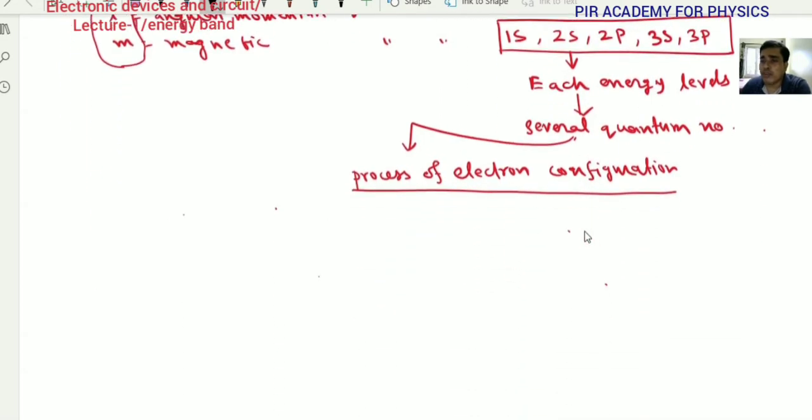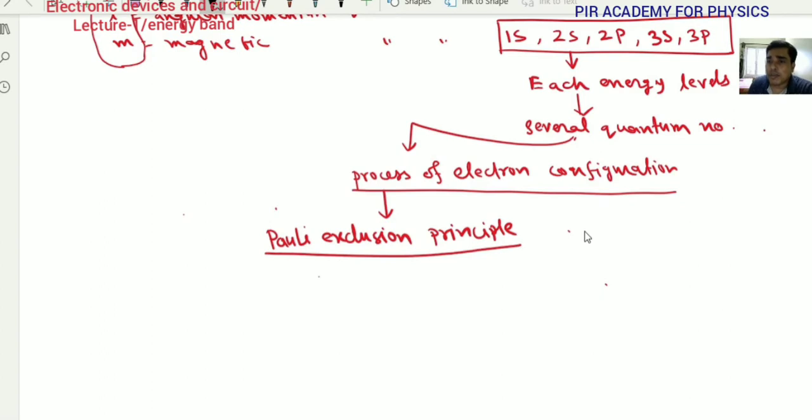To know this configuration, you have to know one principle, that is called the Pauli exclusion principle. Now, what is the Pauli exclusion principle?